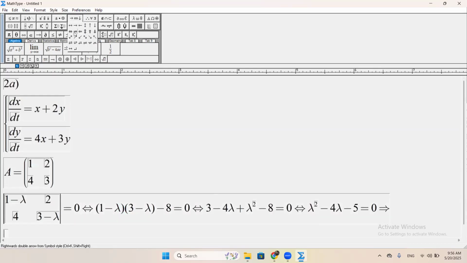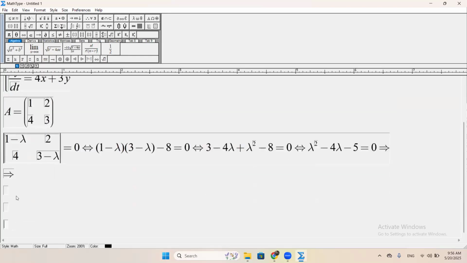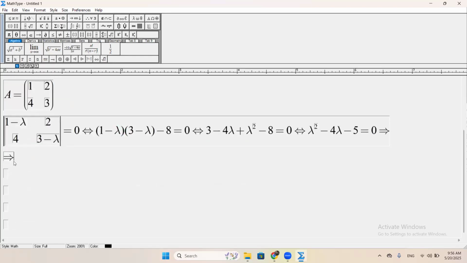So we received 2 simple roots of the characteristic equation. So lambda 1 equals minus 1, and lambda 2 equals 5. So simple roots.